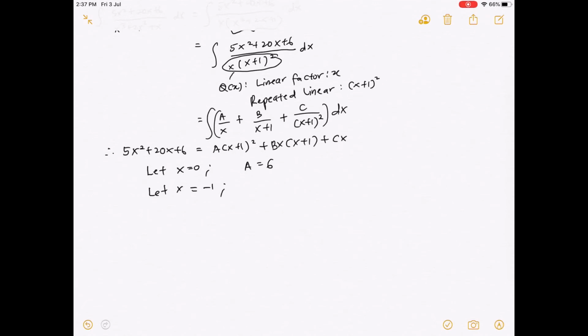Choosing x equals -1, we'll leave our a equals 0, b equals 0, so we have negative c, which is equal to 5 times -1 squared plus 20 times -1 plus 6, which is -9. So c will be 9.